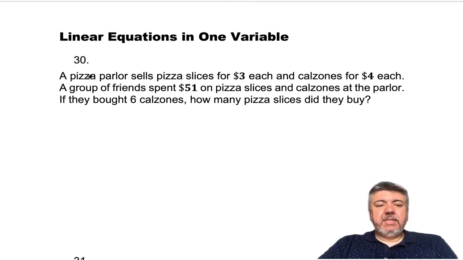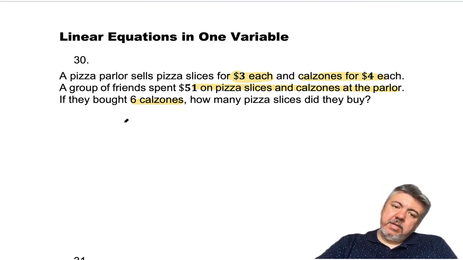Next, a pizza parlor sells pizza slices for $3 each and calzones for $4 each. A group of friends spent $51 on pizza slices and calzones at the parlor. If they bought 6 calzones, how many pizza slices did they buy?